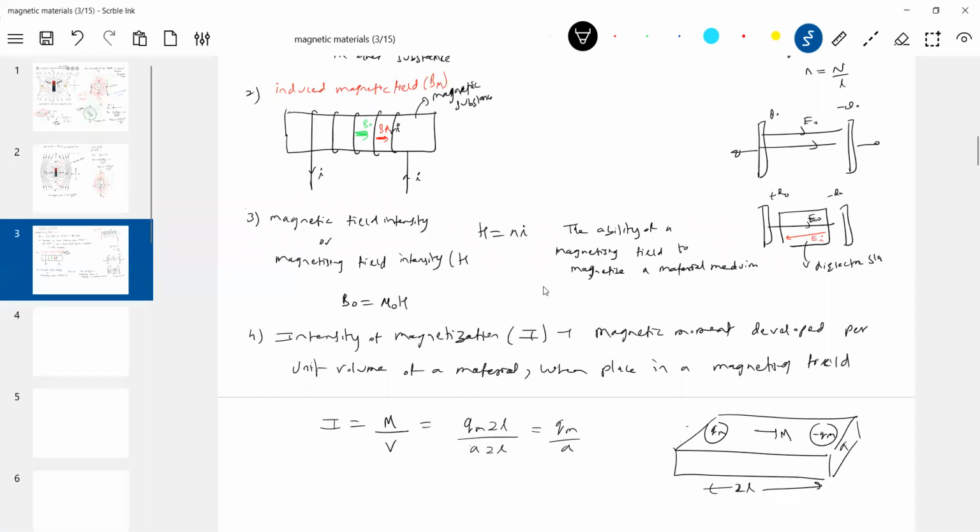Now, what is that induced magnetic field? I'll bring it into the picture. The induced magnetic field Bm. Can you remember? Now I can relate it with this one. Because the substance got magnetized, we can write it as mu naught into the intensity of magnetization.